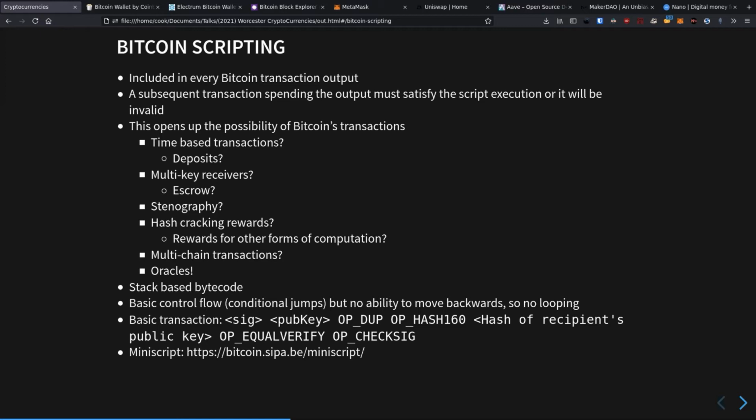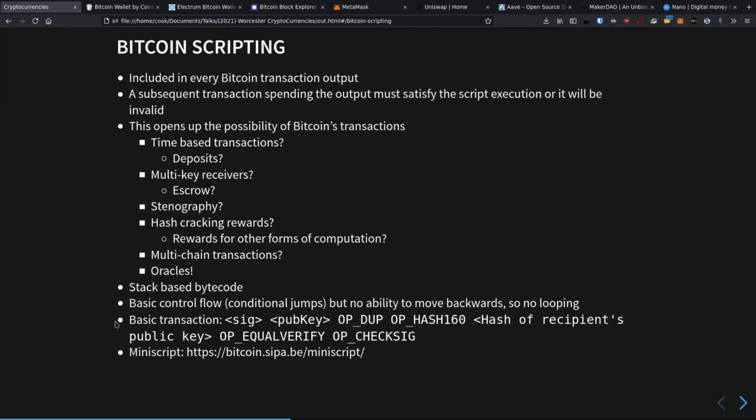Every Bitcoin transaction has a bytecode in it that can be executed on a virtual machine. People often talk about Ethereum, which I'll go into later, as being a virtual machine that can run smart contracts. Well, actually, Bitcoin supports smart contracts. It has an entire virtual machine inside of it that can run stack-based scripts, which is a bytecode.